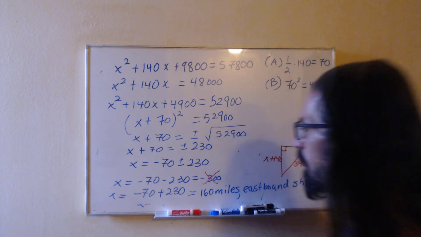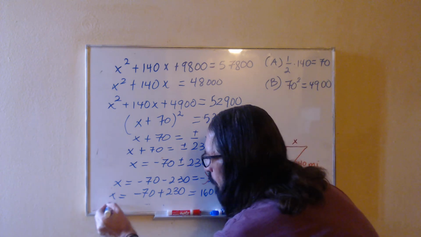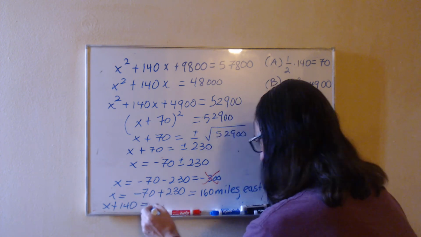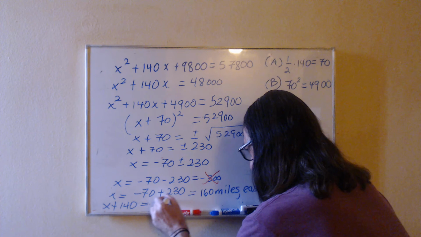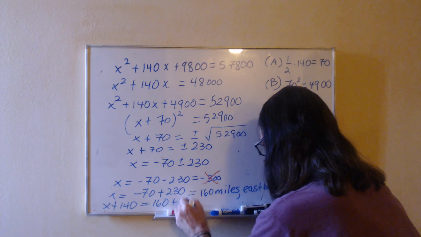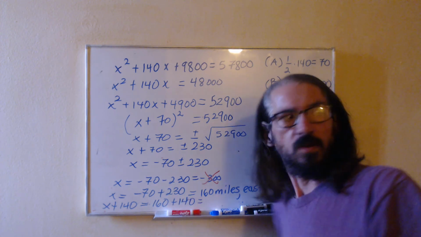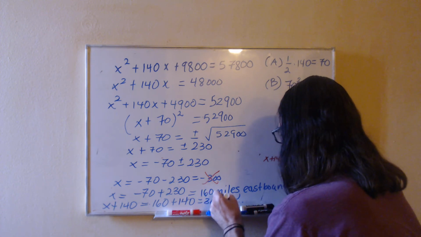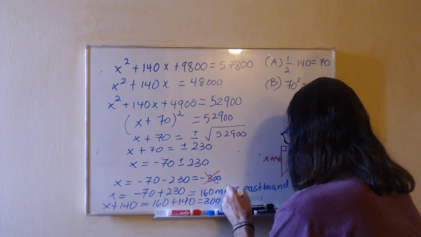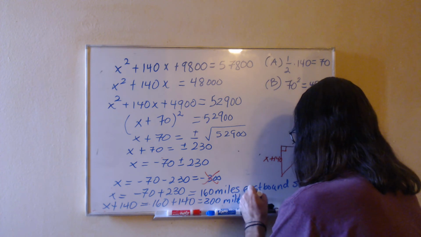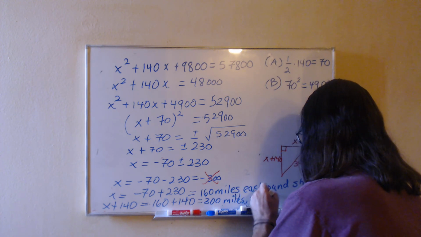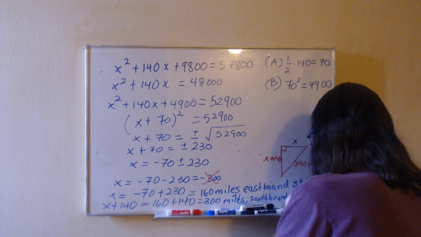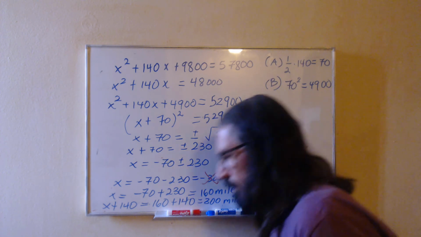And add 140 to that. We'll find out how far the southbound ship is going. And that's going to give us a total of 300 miles. Southbound ship is going 300 miles.